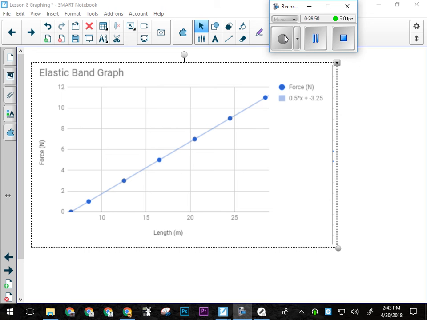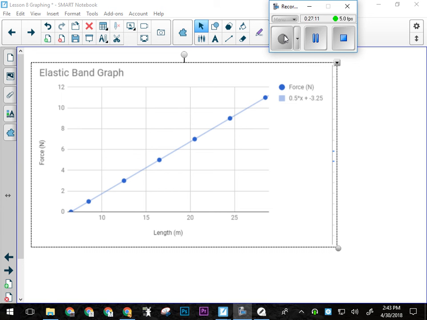All right, so now we've got this graph of length versus force for an elastic band, and we have our equation up there that says y equals 0.5 times x plus negative 3.25. That means the y-intercept, where the line crosses the y-axis, is actually a negative number, so it's down below 0.